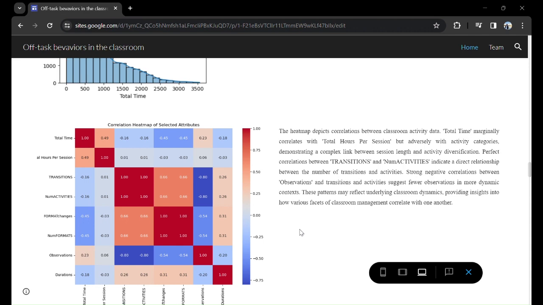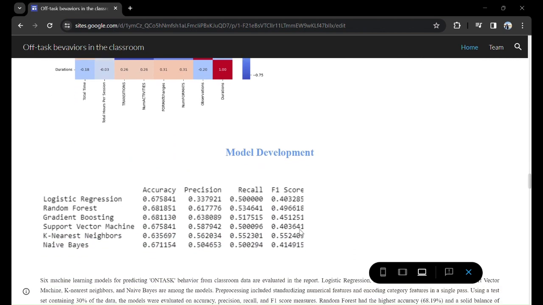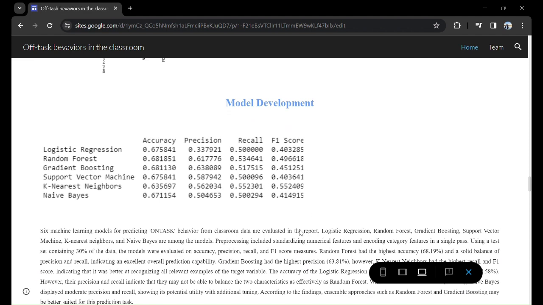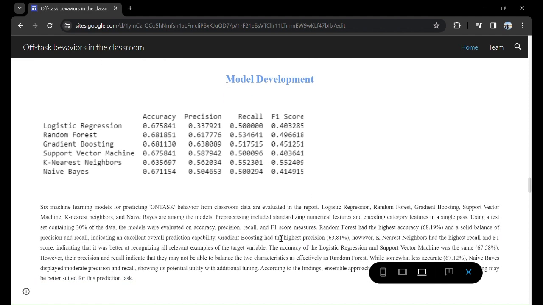And coming to model development, we have used logistic regression, random forest, gradient boosting, support vector machines, and more, where we can see that the accuracy across all of these is similar, between 0.63 and 0.68.